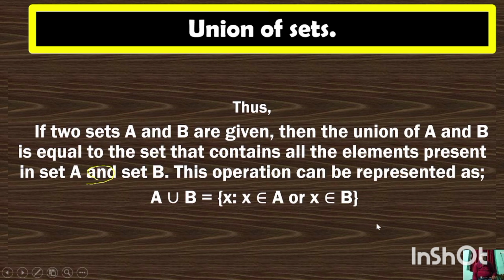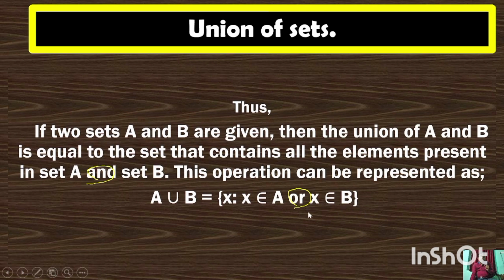So here, what does OR mean? Here OR is the operator, and what is the meaning of that? It means that if x is an element of the set A ∪ B, then x may be an element of the set A, or x is either present in the set A or present in the set B. Right? Understand? Or x may be present in both sets also.